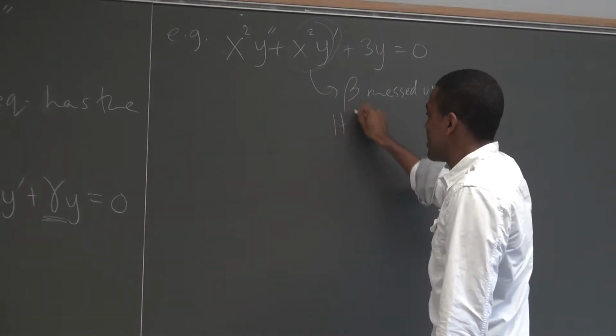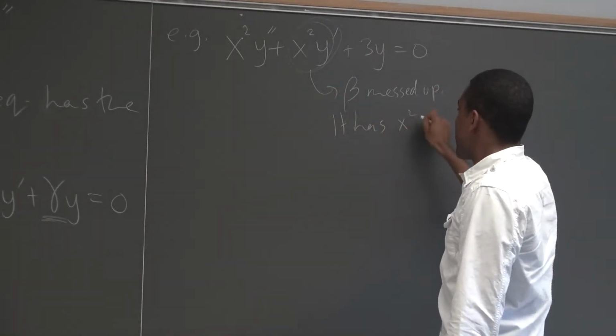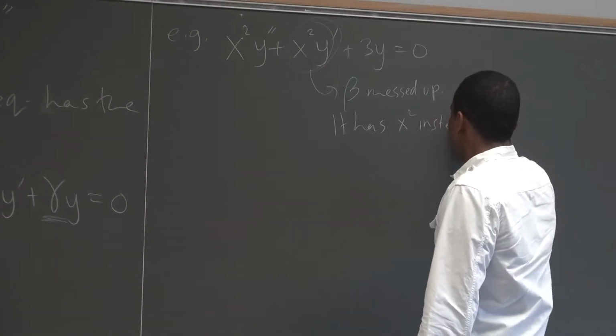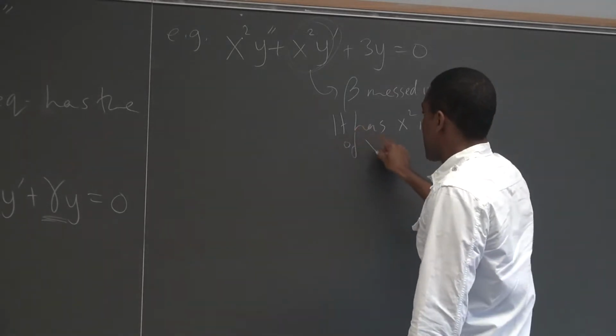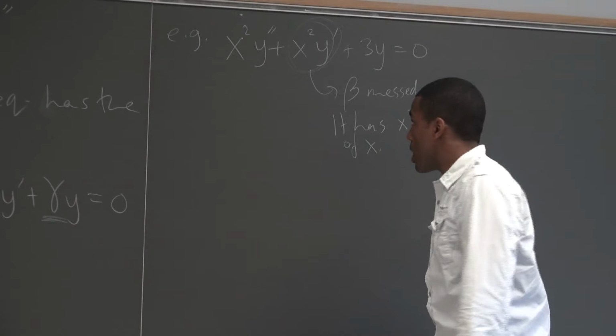So the beta messed up. It has x squared instead of x, right? Now that's a problem.